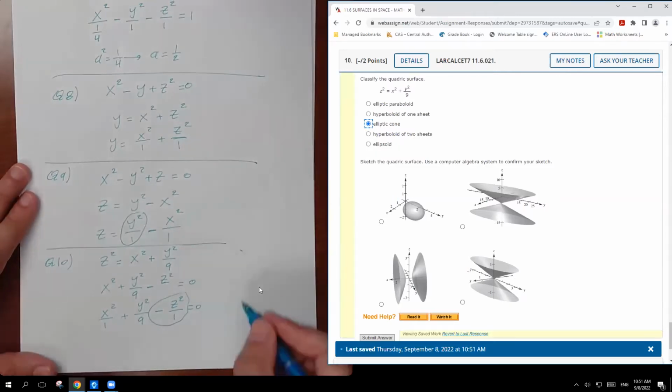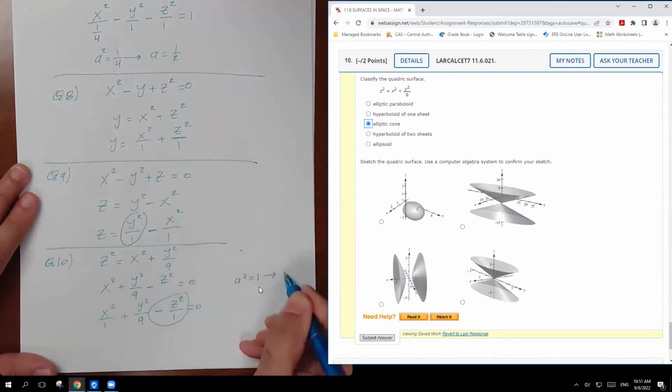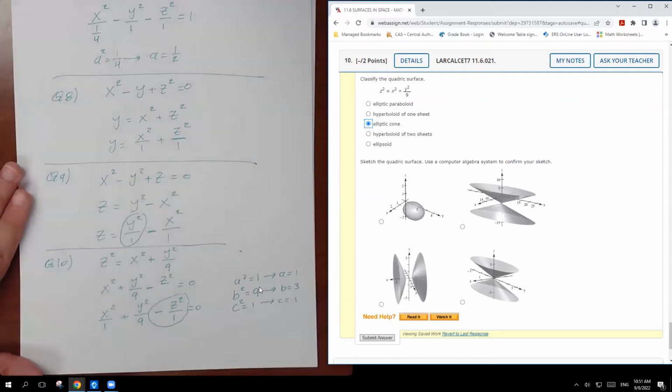Let's check that. A squared, which is on the x coordinate, equal 1. That means A equal 1. B squared equal 9. That means B equal 3. And C squared equal 1. That means C equal 1. So X, Y, Z. Let's check. The x coordinate is 1.